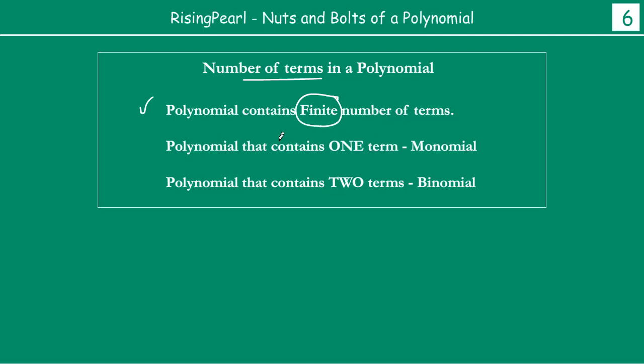Okay. Next point is polynomial, अगर if a polynomial contain one term, उसे हम कहते हैं monomial. Mono का मतलब है one. Mono means one. So अगर हमारी polynomial it contains only one term, we call it a monomial.